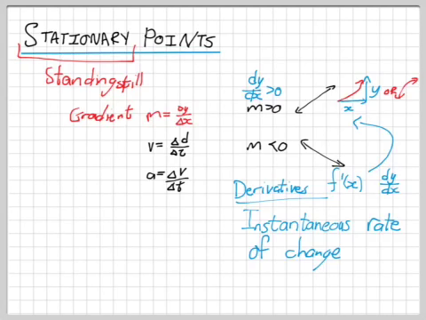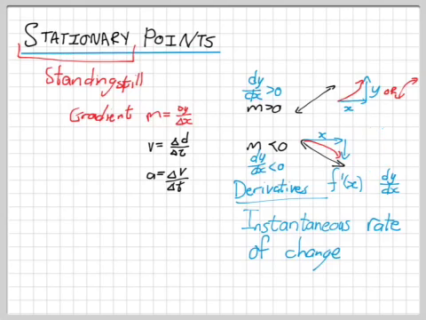When we look at the gradient being negative, we could just as well say dy over dx is smaller than naught, which means that as the x value increases, the y values decrease, which can lead to a graph that decreases.